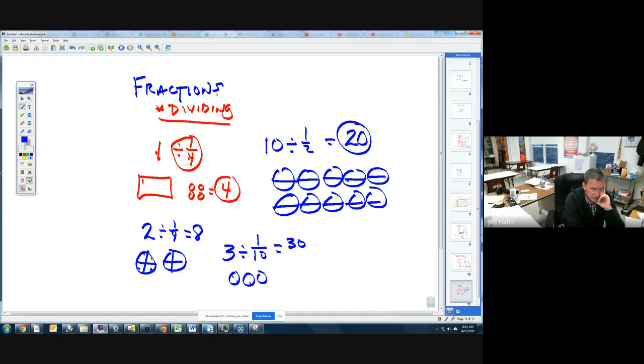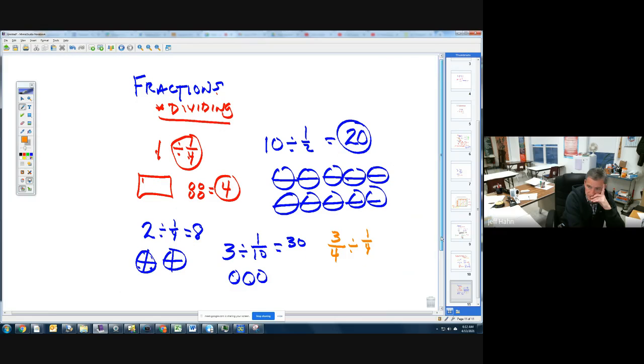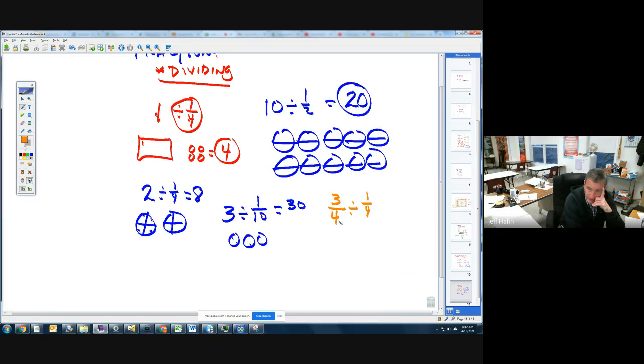Now that all works out well and good, but what if, children, we had a fraction divided by a fraction? Now let's work an easy one. What if I have 3/4 divided by 1/4, and I asked you, how many quarters can you take out of 3/4? Well, let's sketch the picture.